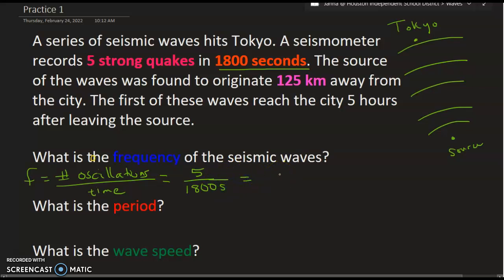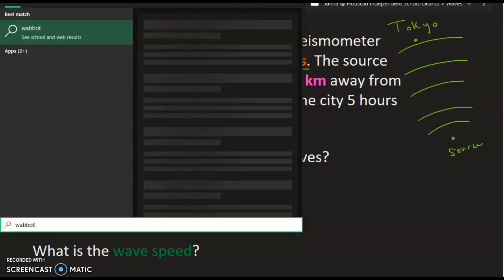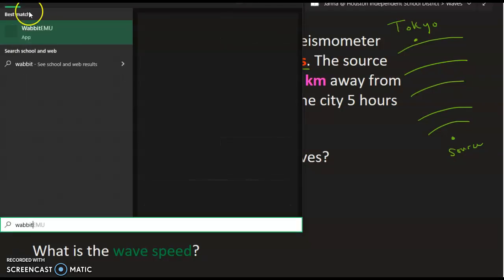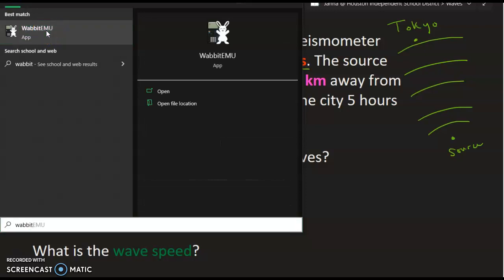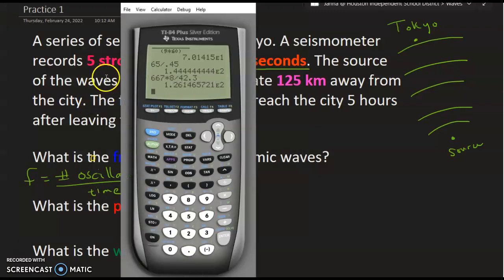So 5 over 1800, let me grab my calculator. It's good to see some calculator practice. Remember, go alpha y equals and enter. So 5 over 1800. That's 1 over 360.